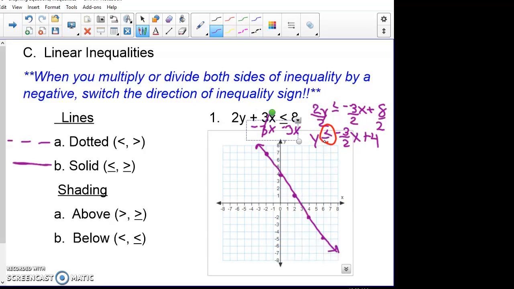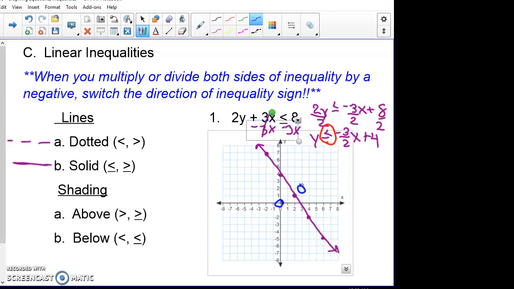But what a lot of people struggle with is identifying what side is below. So if you're one of those individuals, what you can do to confirm which area of the coordinate plane you're going to graph is pick 2 points. You want to pick one point that is below your line and then 1 point somewhere on the other side.